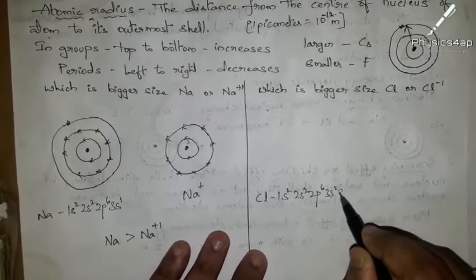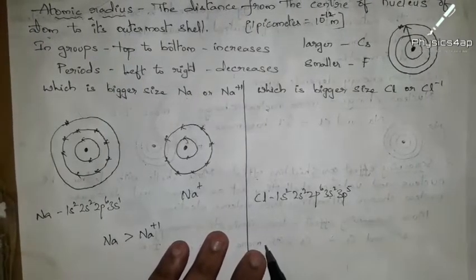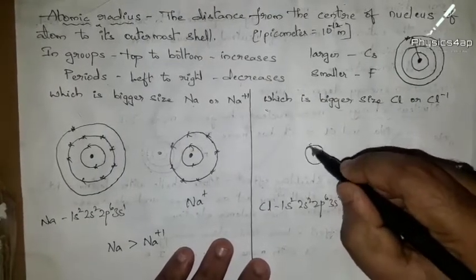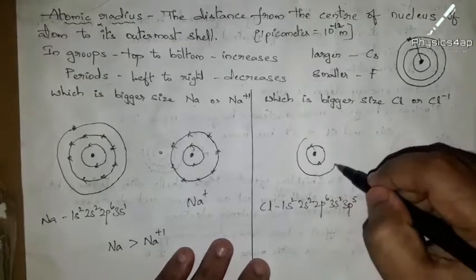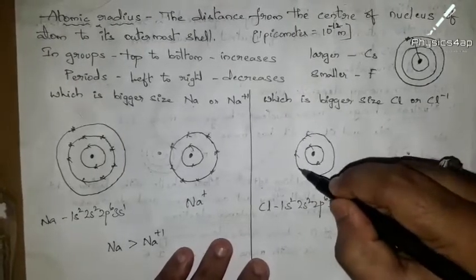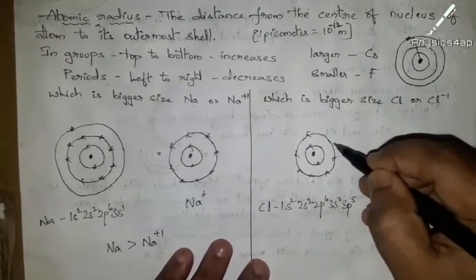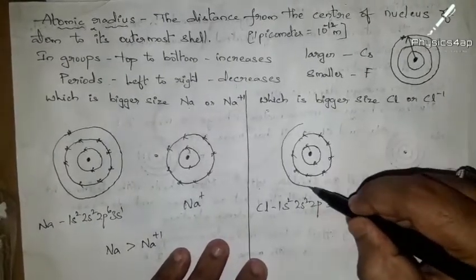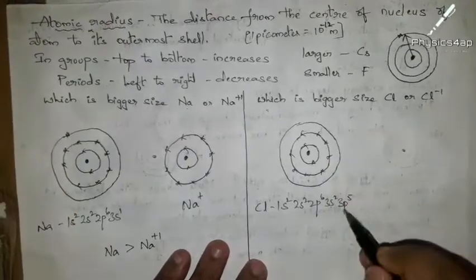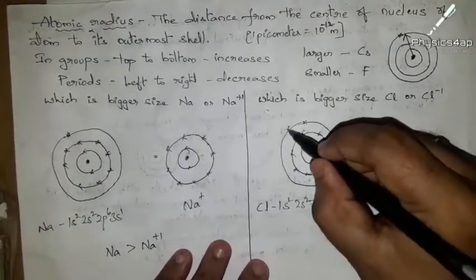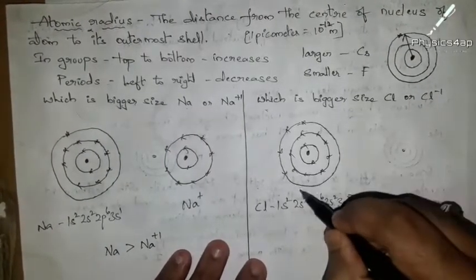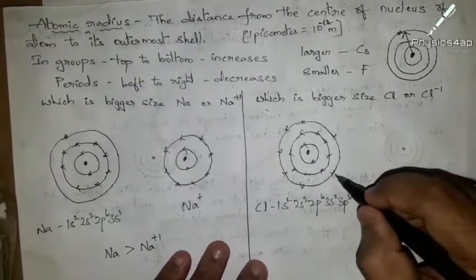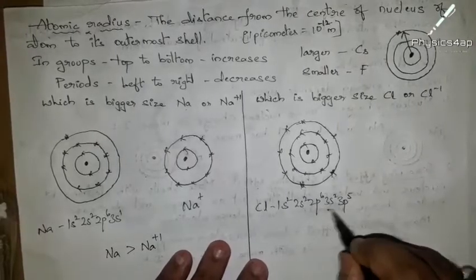When you draw the atomic structure, first orbit 2 electrons, second orbit 1, 2, 3, 4, 5, 6, 7, 8, and in the outermost orbit we have 7 electrons. So 1, 2, 3, 4, 5, 6 and 7. As usual, we have 7 electrons in its outermost orbit.